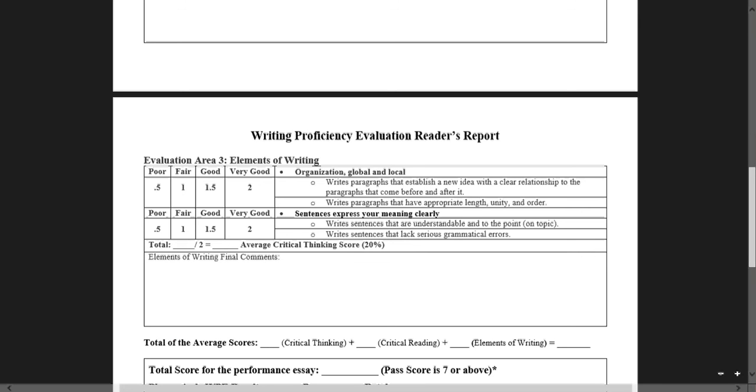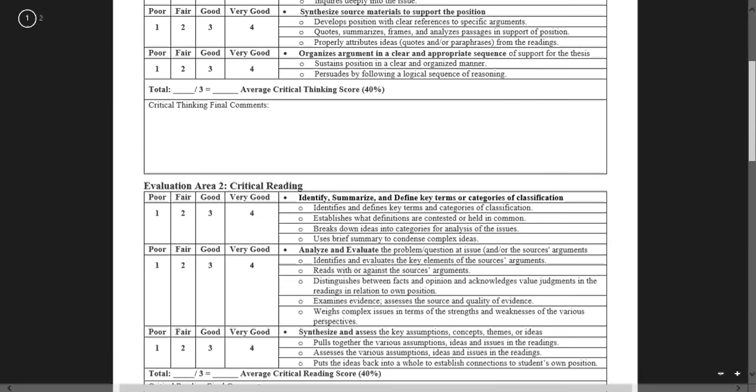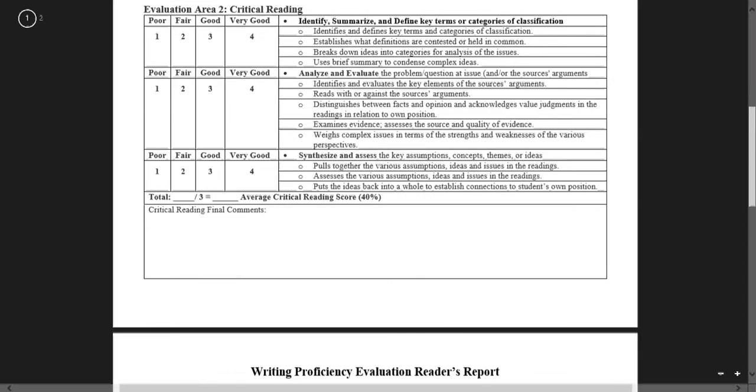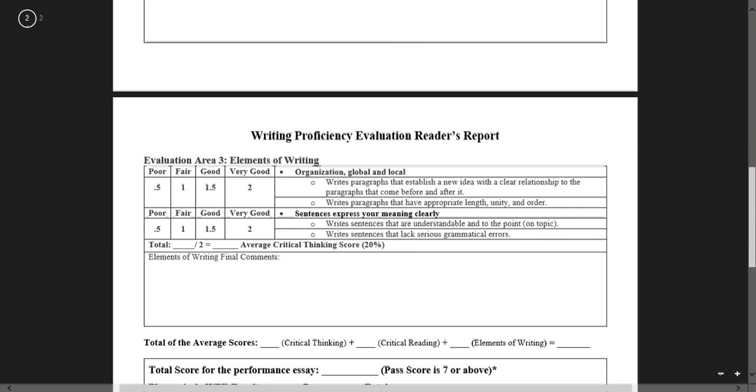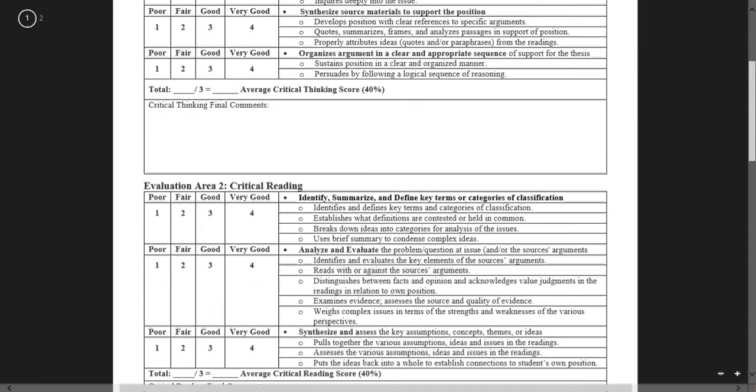These are more the ability to write sentences and paragraphs that can help clarify your critical reading and your critical thinking. So you do need to try to write better, but it's not worth a ton of points. So this is what I'll be using to grade your essays.